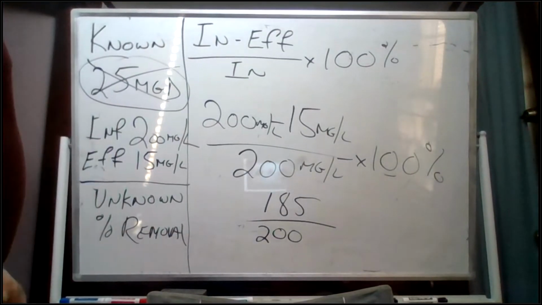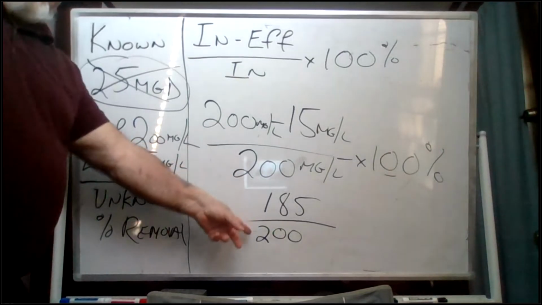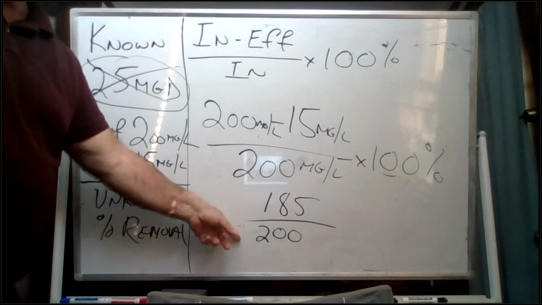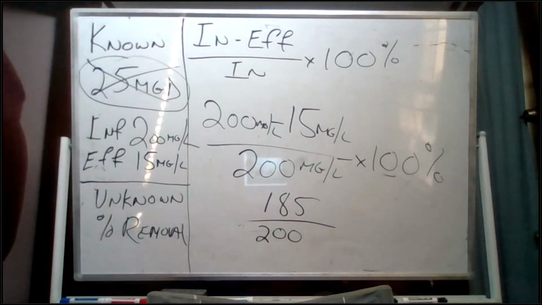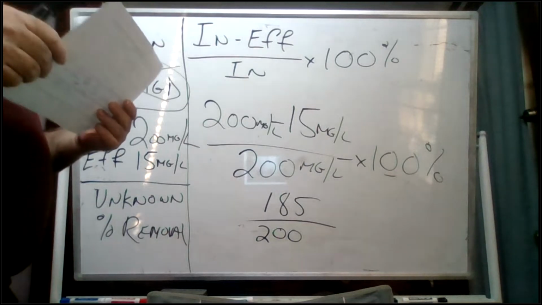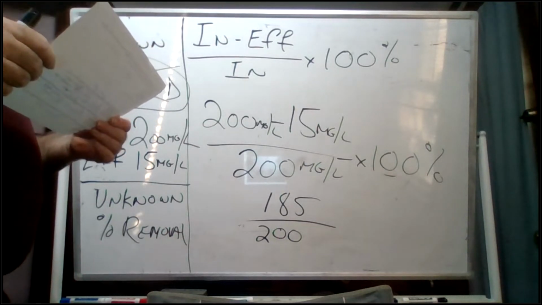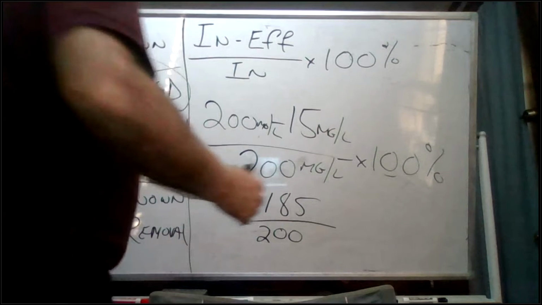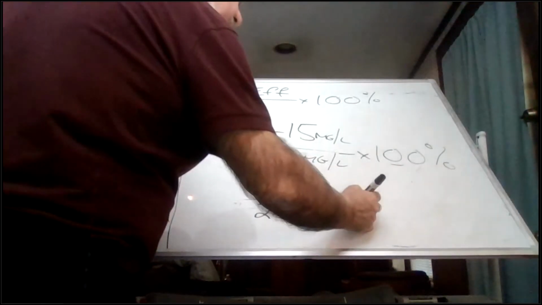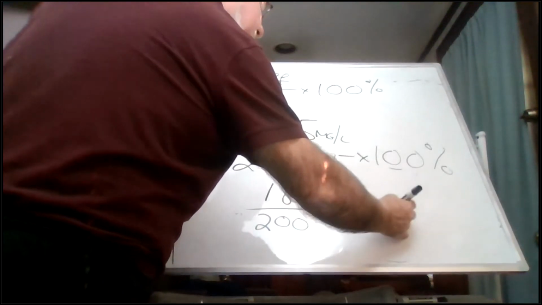You're going to get a decimal, less than 1, because the numerator is lower than the denominator. I believe you get 0.925. Let me look here. All right, 0.925.